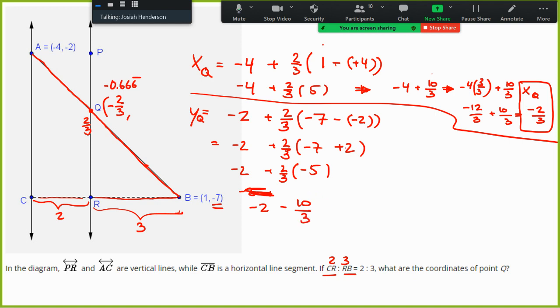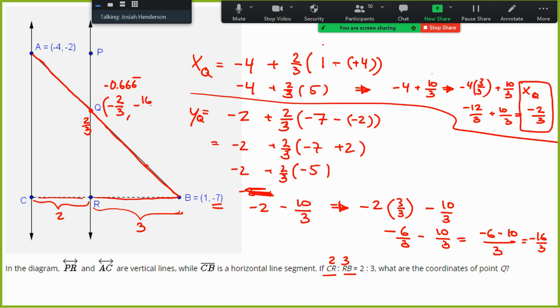So we've got to multiply our -2 times 3/3 to add these together. -2 times 3/3 minus 10/3. So here we're going to have -6/3 minus 10/3. Goodness. So this is going to be -16/3. -6 minus 10. -16/3. Terrible location. But there it is. And then to find the decimal, divide 16/3. 5.3 repeating.